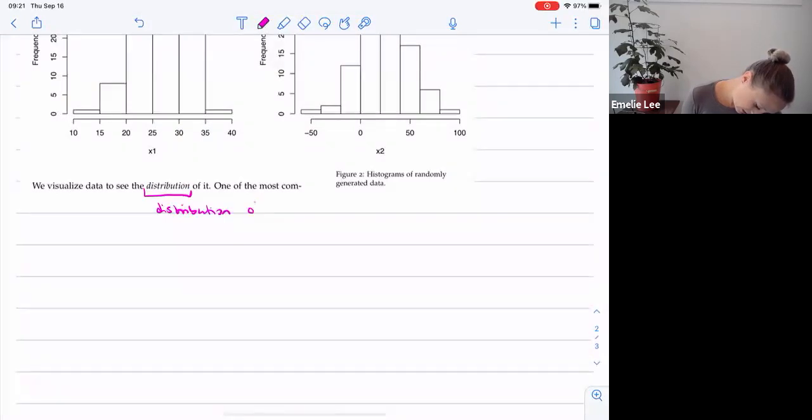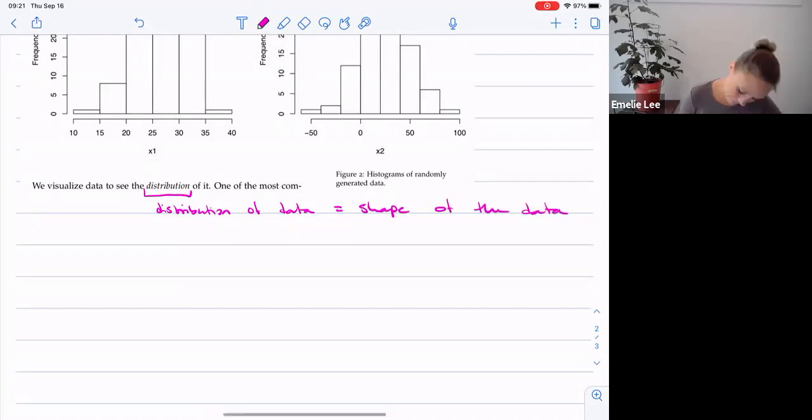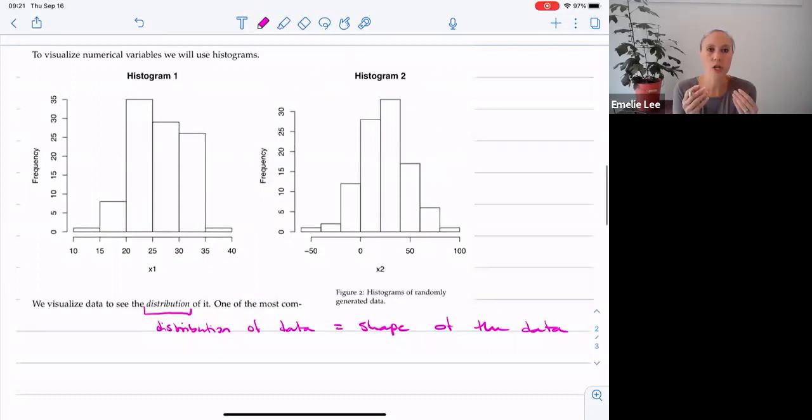Distribution of data is really just the shape of the data. So just generally describing what this shape looks like. What does this variable look like? Okay.